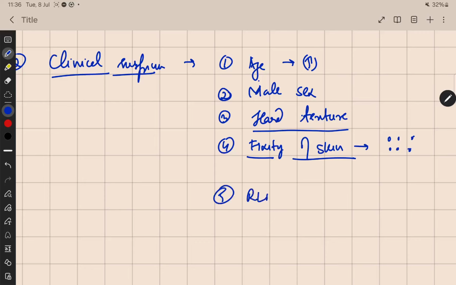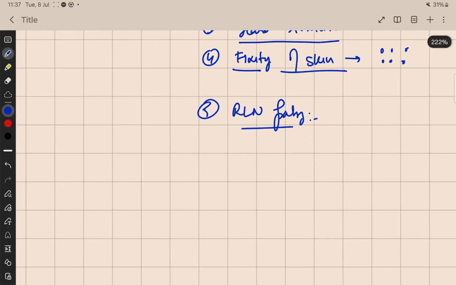Fifth is RLN palsy. Again, same concept, the tumor deposits will go and affect the recurrent laryngeal nerve, which can cause a recurrent laryngeal nerve palsy. In some cases, I've seen severe dysphagia and then dysphonia and all. Sixth is lymph node involvement.